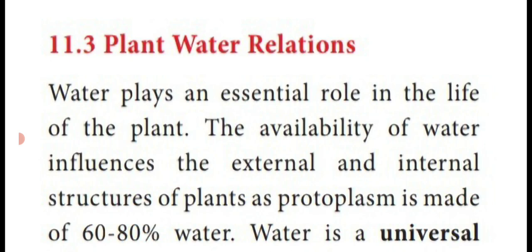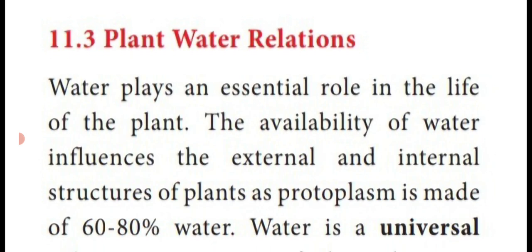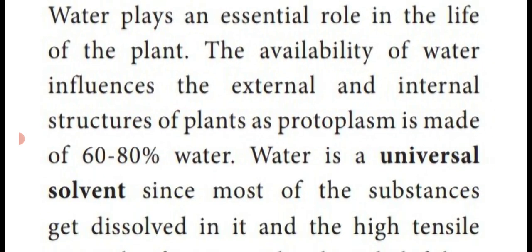See the paragraph. Water is the important substance of plants for their life activities. The availability of the water influences the external structure as well as the internal structure of plants, which contains protoplasm. This protoplasm is made up of 60 to 80% of water.